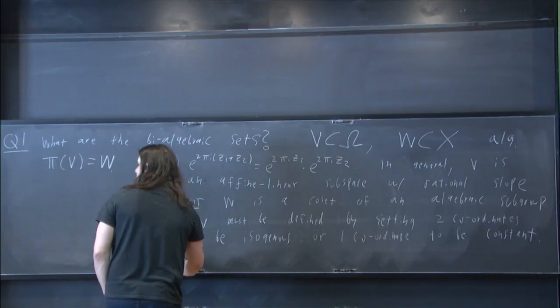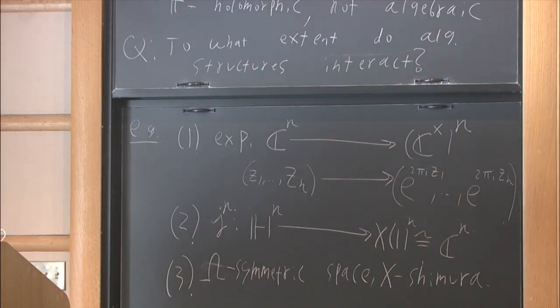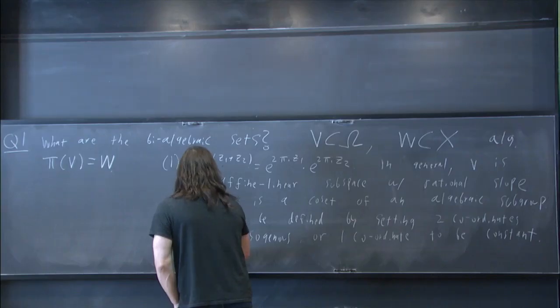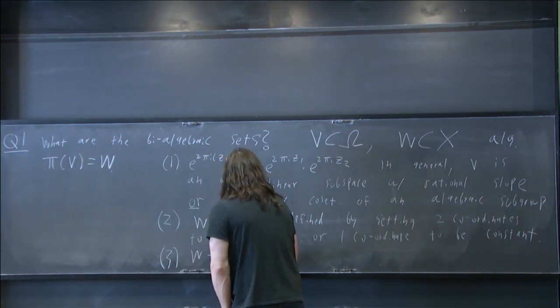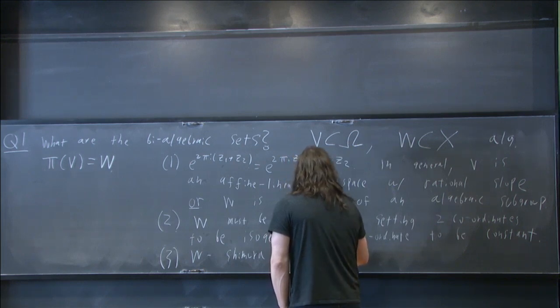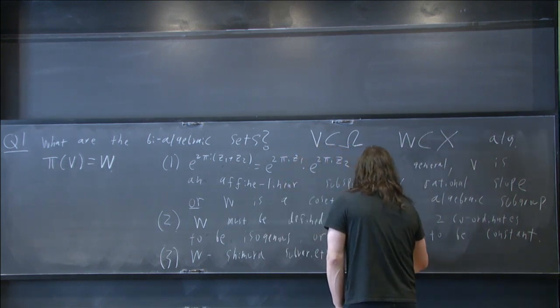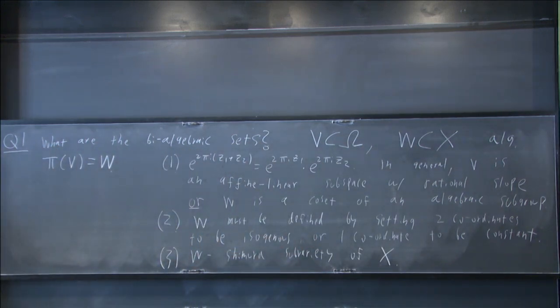And more generally, in the third case, in order for this to happen, you need W to be essentially a Shimura subvariety. I say essentially because you're allowed to translate a little bit.